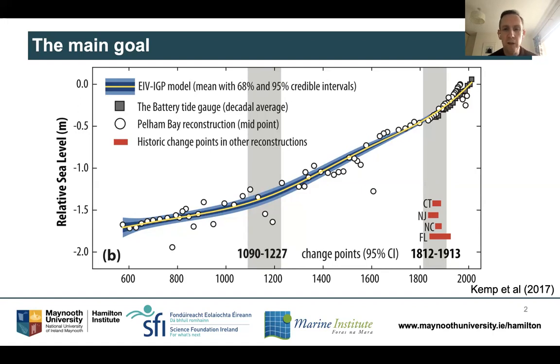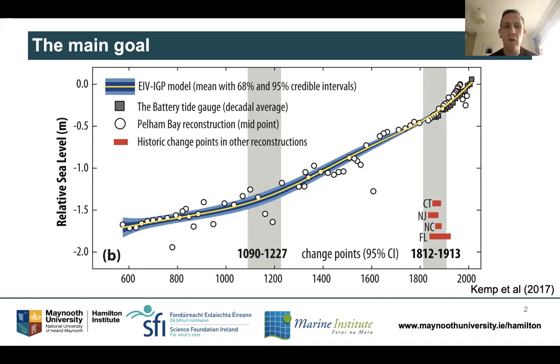You can see we've got years along the horizontal axis, and relative sea level in meters. The key thing in all of the projects that I'm involved in is that yellow line that goes through the middle. That's our relative sea level curve. And the bit that most interests me is actually the blue bits around that yellow curve, the uncertainty in that curve.